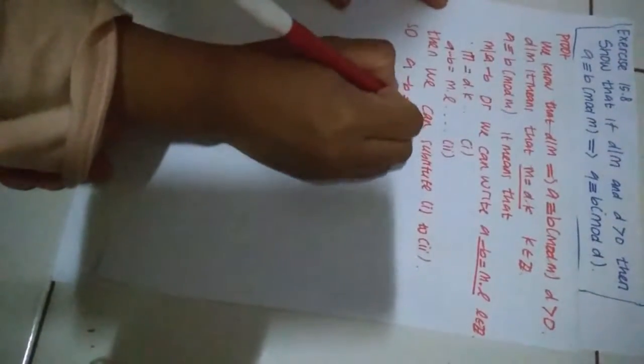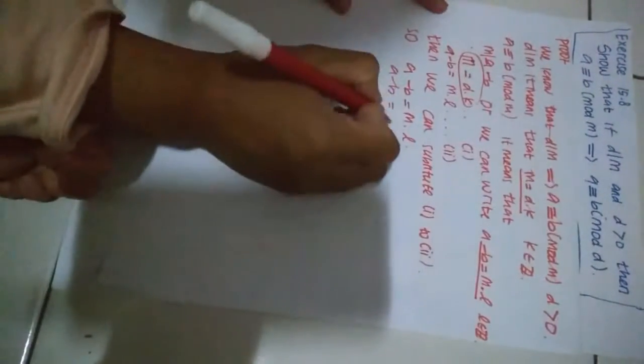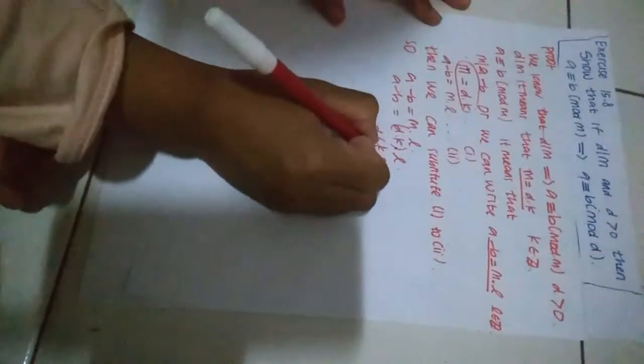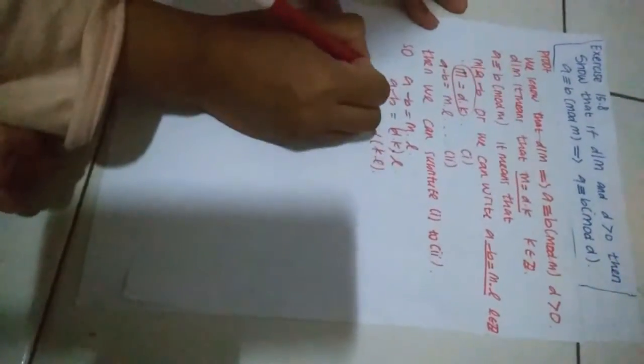So we get a − b = d times k times l. This is the commutative law.